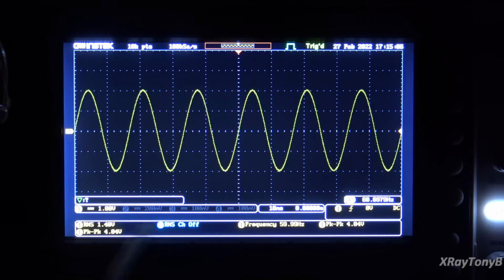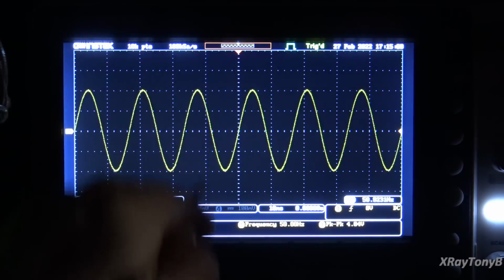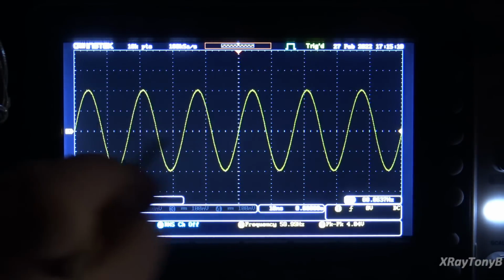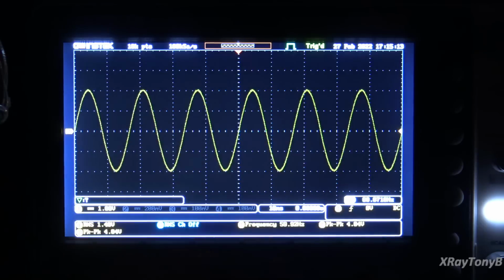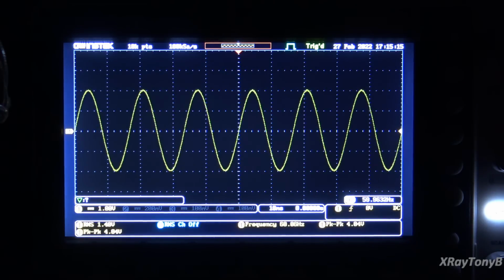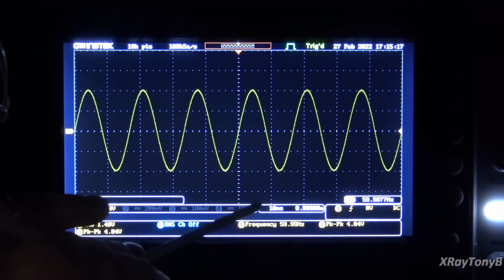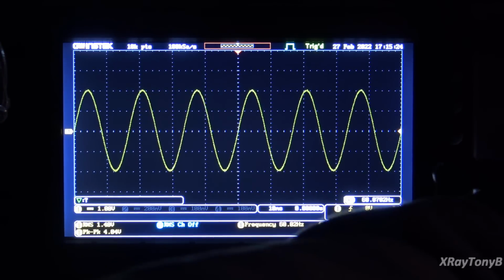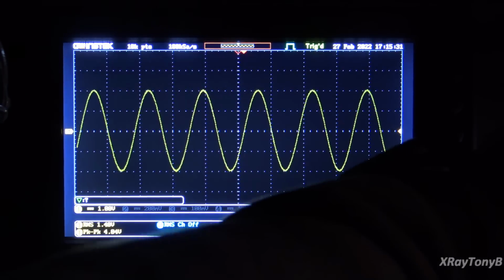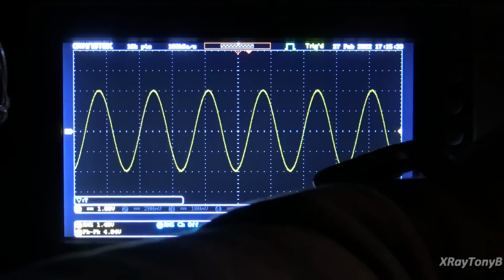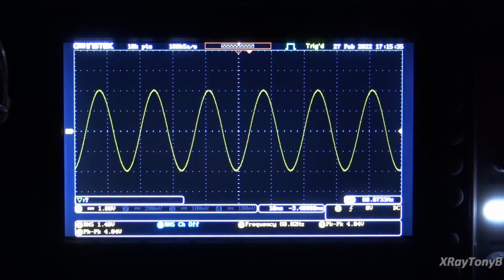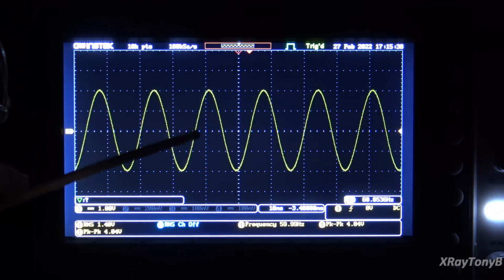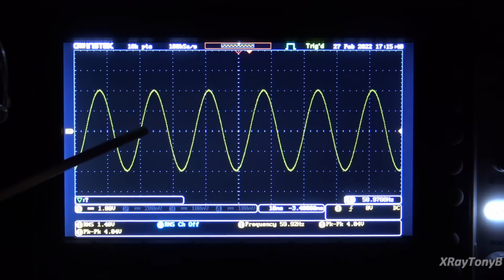And just like we can count the graticules up and down to measure volts, we can count the graticules left to right to measure time. And right now we're set to 10 milliseconds per division. If we move the beginning of this right where it intersects here, we can count 1 cycle, right? 1 cycle would be from here to where it starts repeating again.